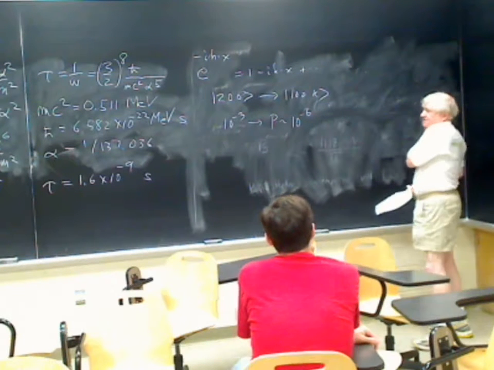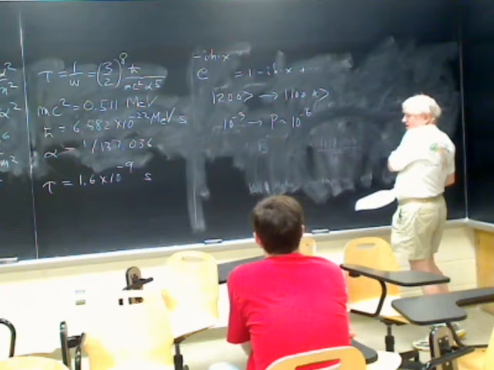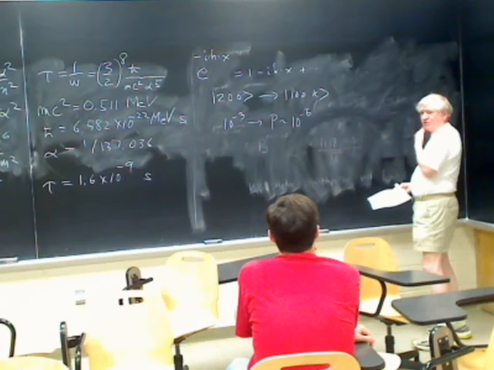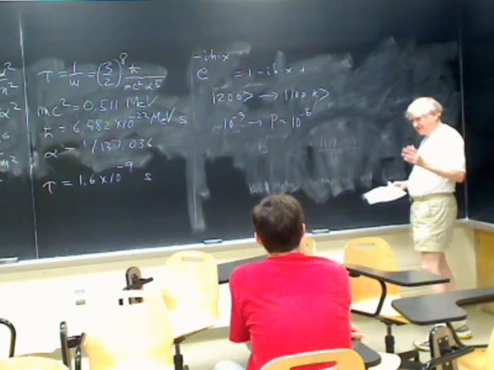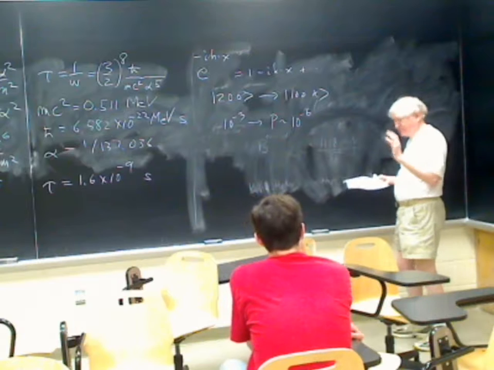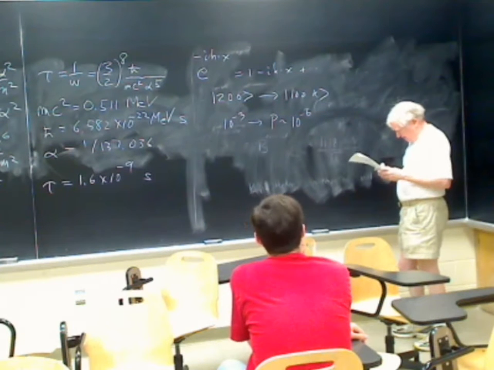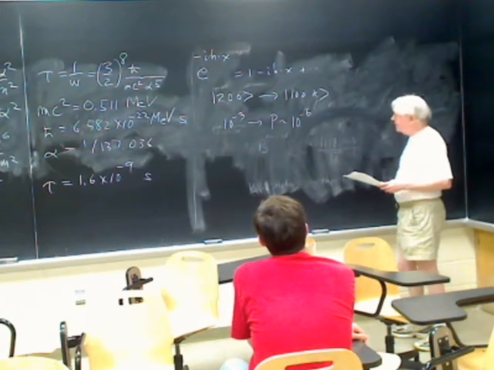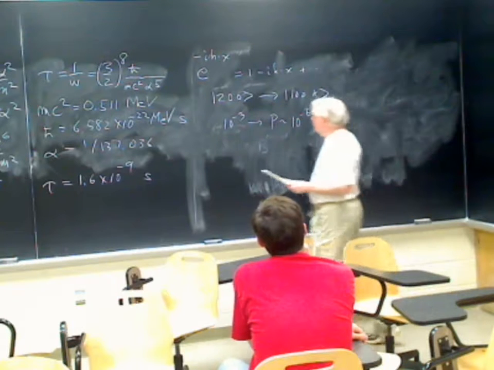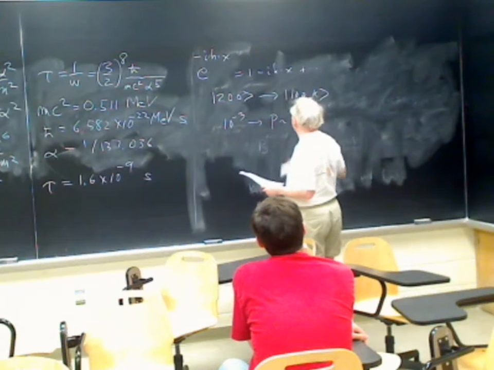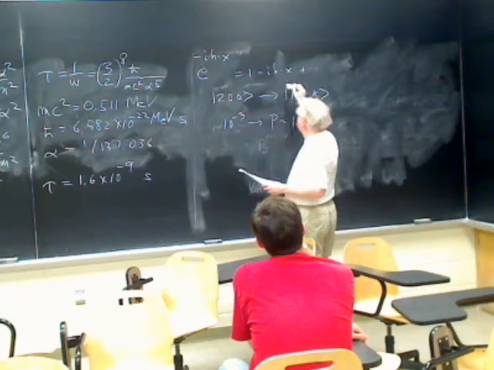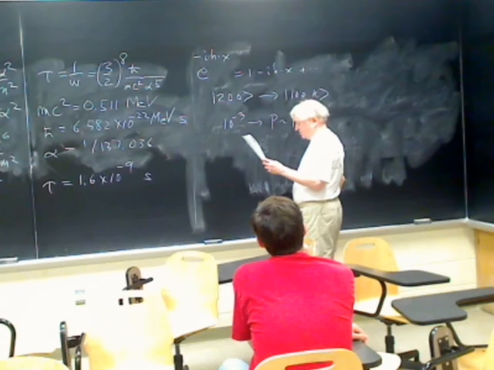So the lifetime of the 2s state must be of the order of a millisecond, maybe 2. And the transitions from the 2s to the 1s, there are 2 kinds of transitions.